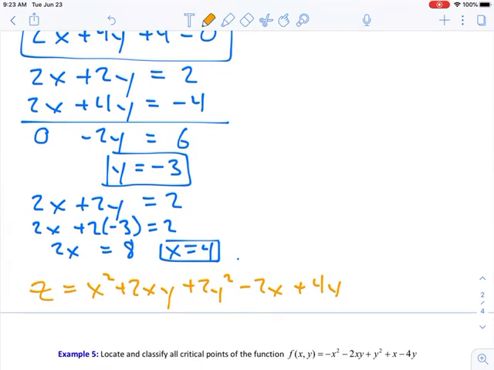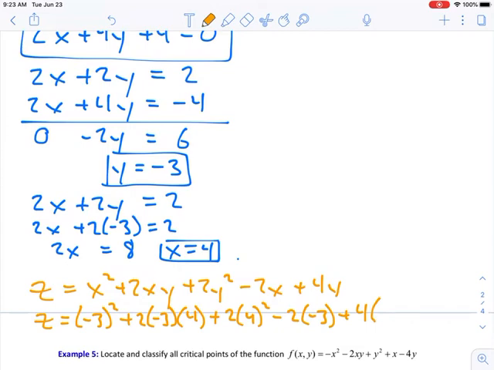And so z equals negative 3 squared plus 2 times negative 3 times 4 plus 2 times 4 squared minus 2 times negative 3 plus 4 times, and mistake. So this is x. We have x and y, 2y squared.